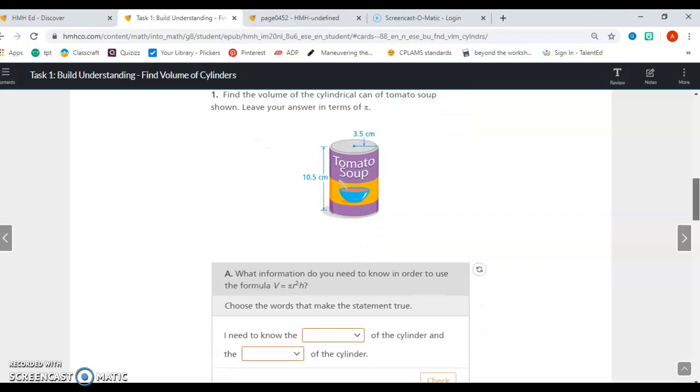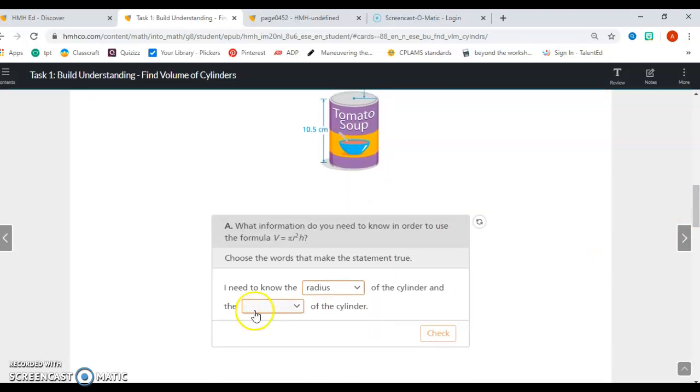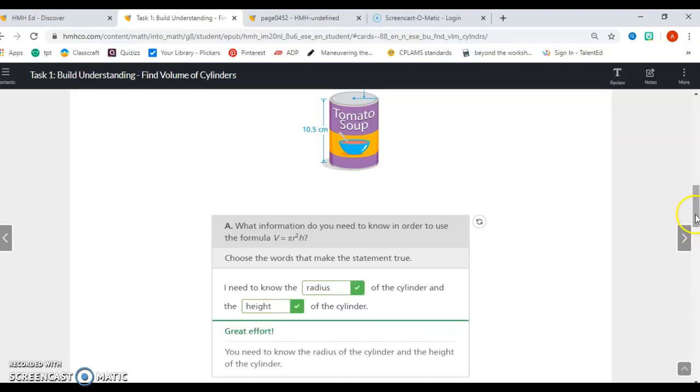So what information do you need to know in order to use the formula volume equals pi radius squared height? You need to know the radius of the cylinder, and you need to know the height of the cylinder. Remember, sometimes they'll give you the diameter, but you still have to find the radius. As long as you have the radius and the height, you are good to go.